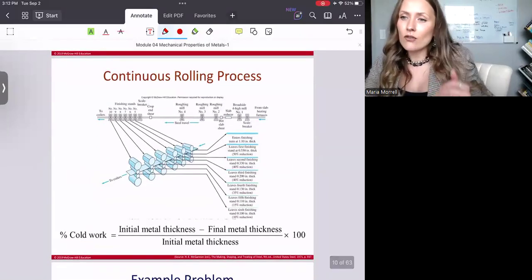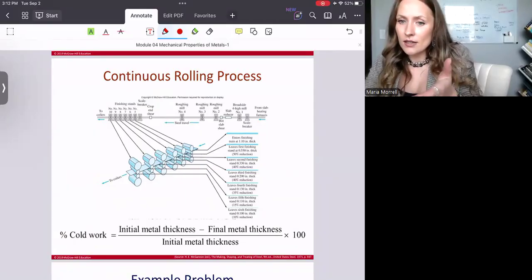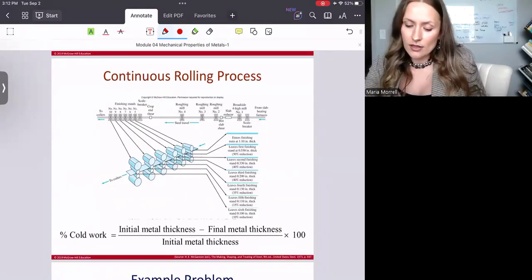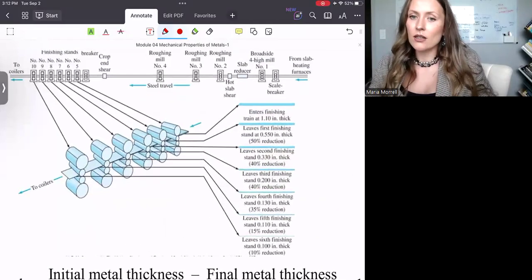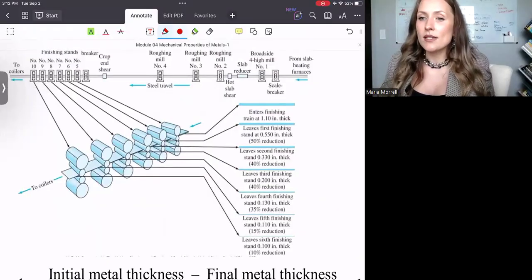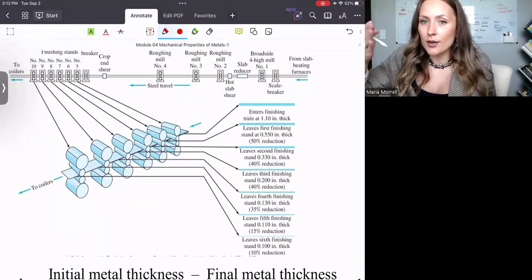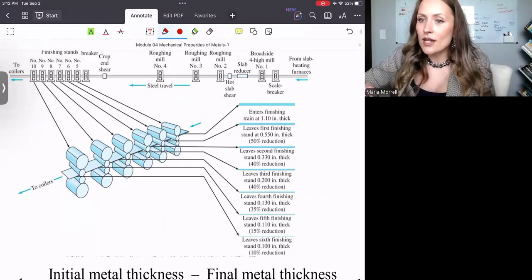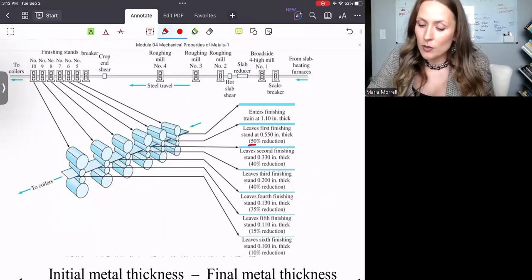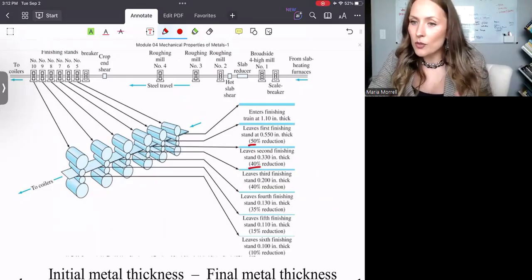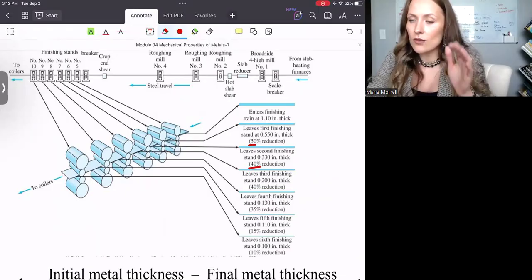Sometimes the rolling process looks something like what is demonstrated here. What happens is that at every single set of rolls, you achieve a reduction. Let's say you start with 50% reduction, then you go into 40% reduction, 30%, 35, and so on and so forth.